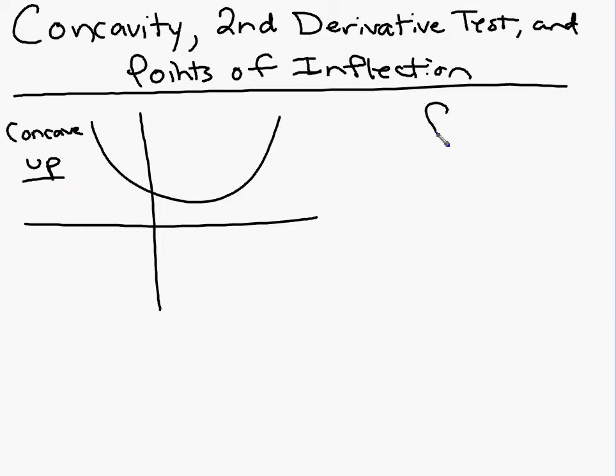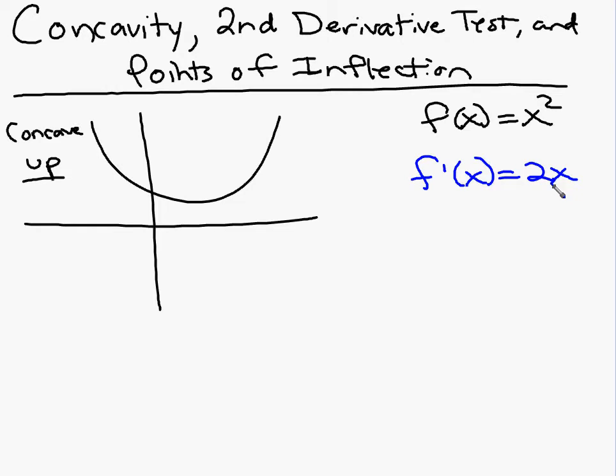This function is x squared. All right, I know I've got it offset to the side, but let's just say it's our regular old x squared function. What is the derivative of x squared? F prime of x is 2x.